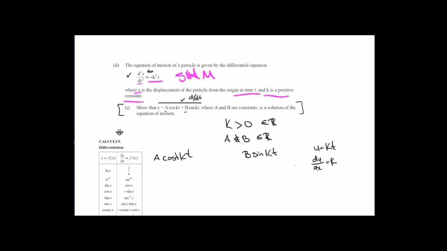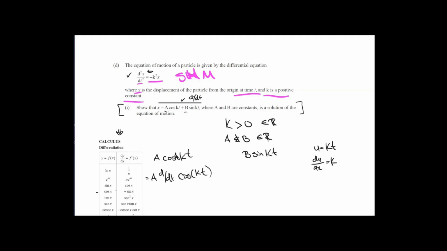So whatever we differentiate here, we're going to need to put k out the front. And these a and b are constants, so we can just bring them out the front when we differentiate. So when we differentiate this, we've got a times the derivative of cos of kt.